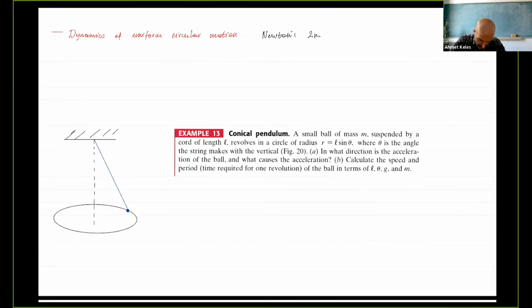Newton's second law says total force is equal to m times a. In circular motion, there is a, so there must be a force. We just found a to be v squared over r, so force is equal to m v squared over r. And we call this centripetal force.